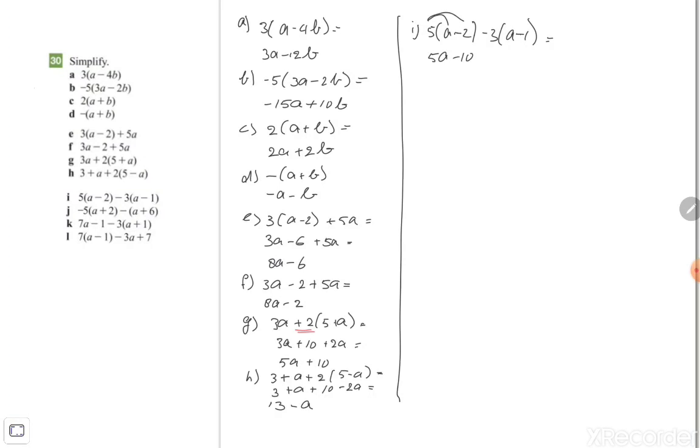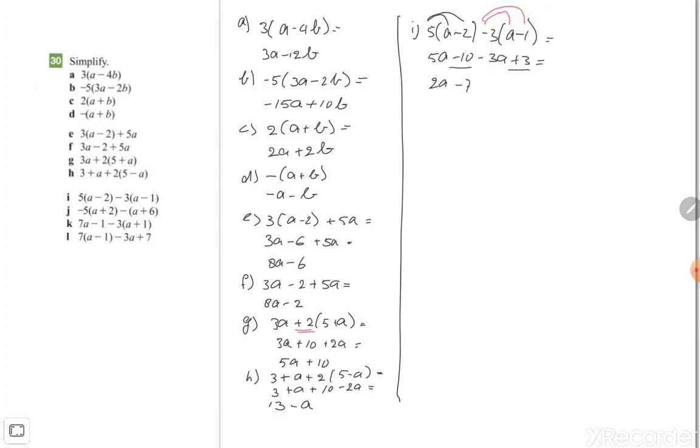The next step is minus 3 times A is minus 3A, and minus 3 times minus 1 is a positive 3. The equal terms, 5A minus 3A is 2A, and minus 10 plus 3 is minus 7.